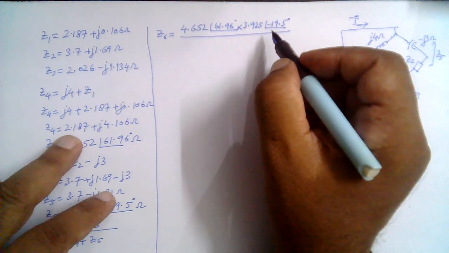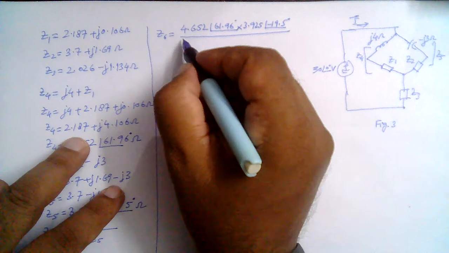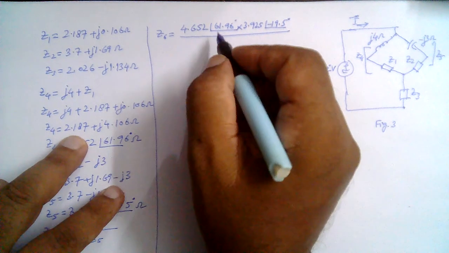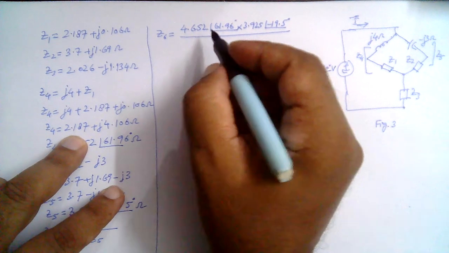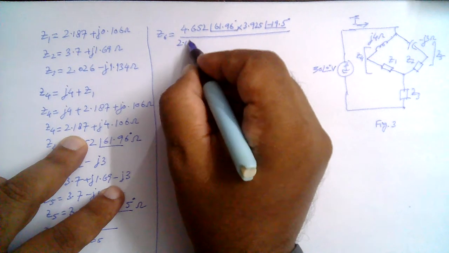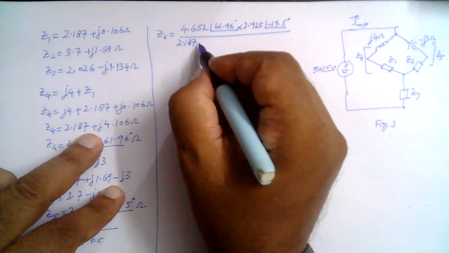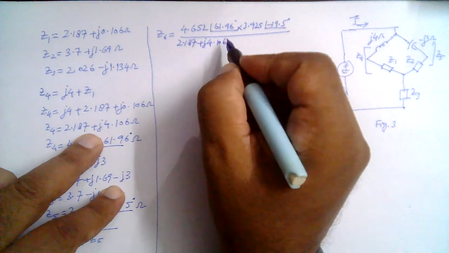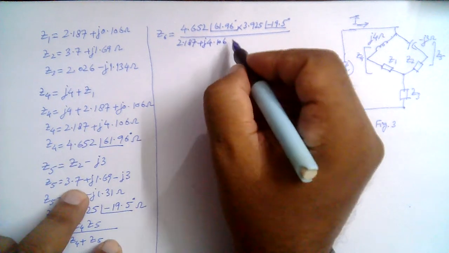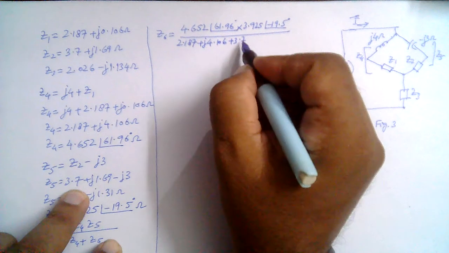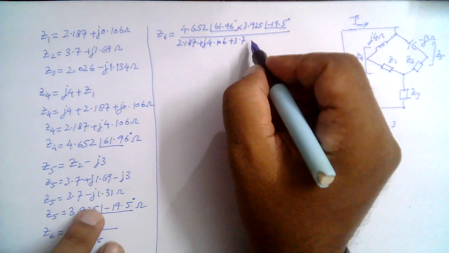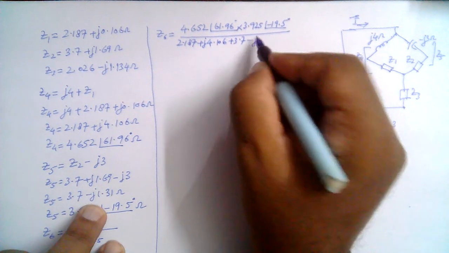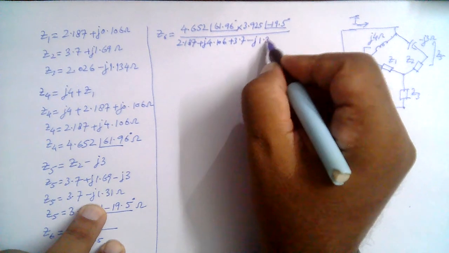So we have the rectangular form also. So for the sum in the denominator, we use the rectangular forms. So that is 2.187 plus j4.106 plus 3.7 minus j1.31.